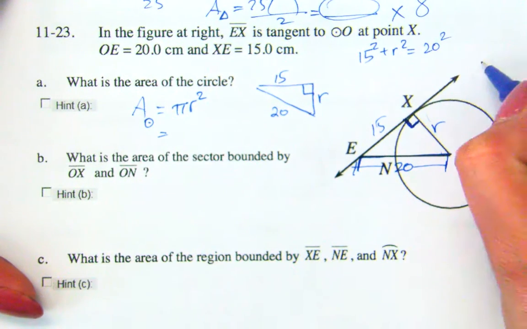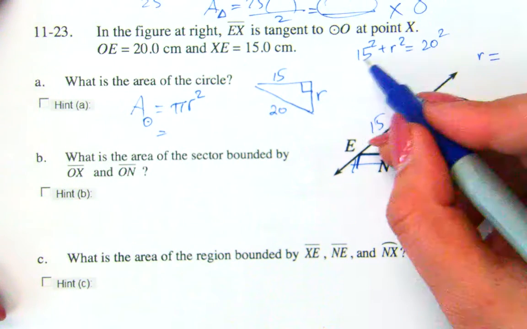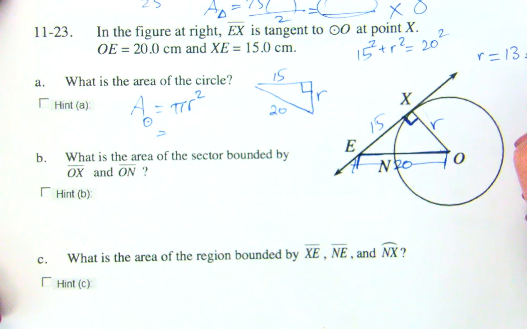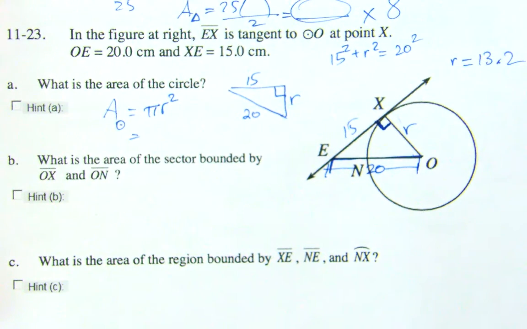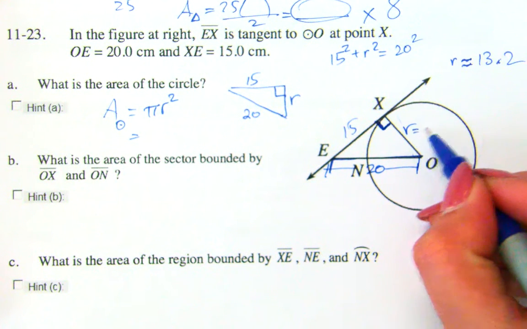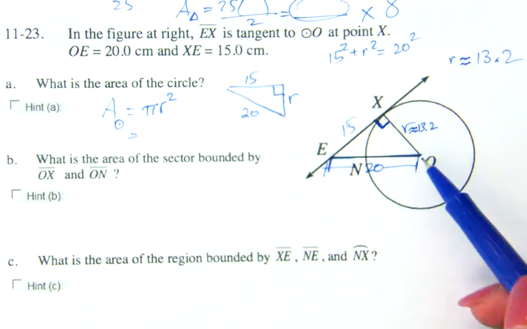And you should get r squared equals 400 minus 225, and then you should get r equals somewhere around 13.2. So we'll go with 13.2. Okay, so that's your radius.